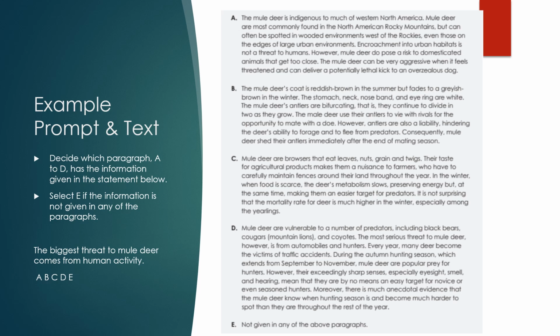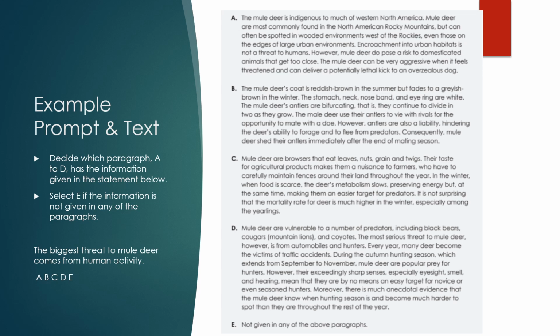For example, see paragraph D, sentence 2. It talks about automobiles and hunters being a serious threat to mule deer. This is a good example of human activity. So, this is how we knew that paragraph D is the correct answer.